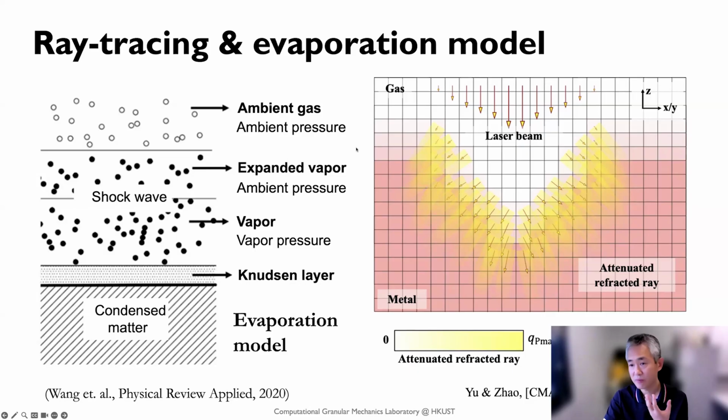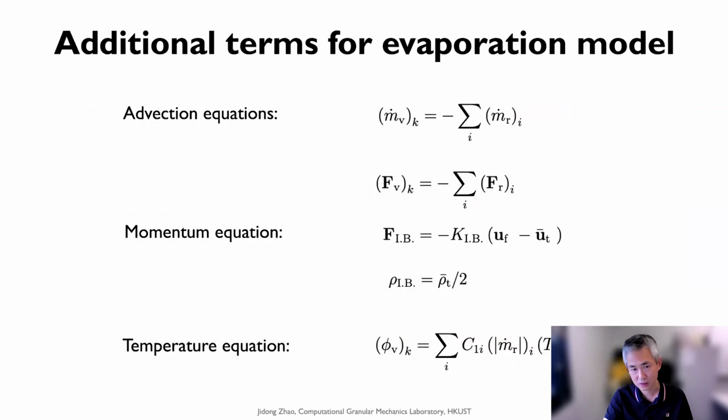So we need to develop such a refined evaporation model to consider the evaporating process. Because of this process, we need a very refined mesh for the simulation. The additional terms for the evaporation model will include advection, the momentum equation, and the temperature equation.